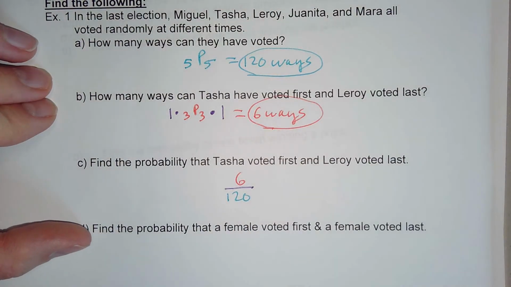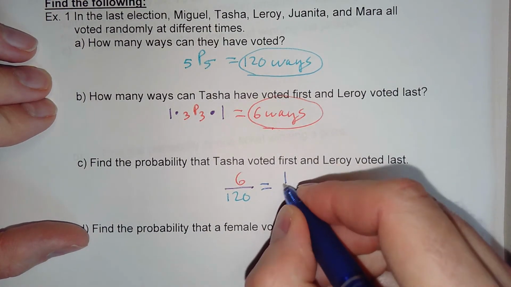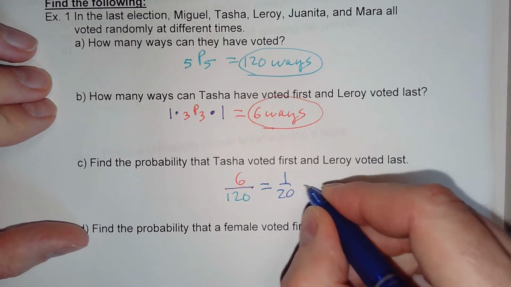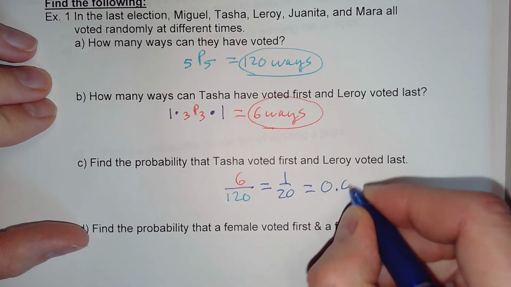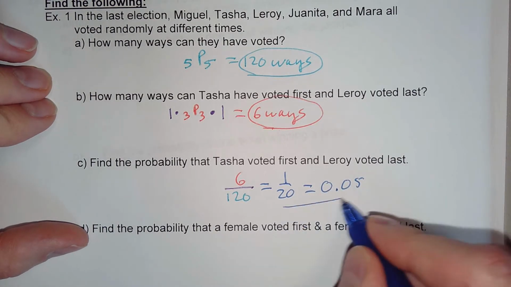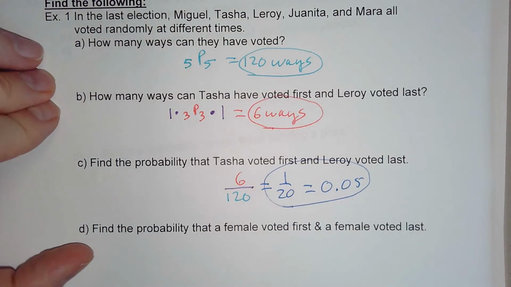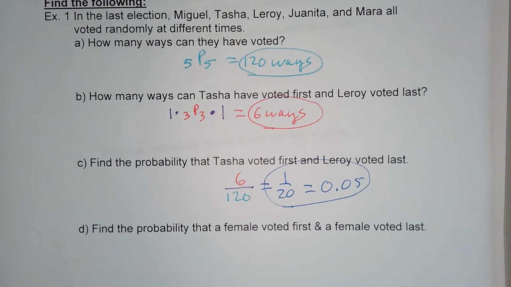That's going to reduce to 1 over 20, or if you need to write it as a decimal, 0.05. So it tells us that's about a 5% chance that it could happen that way.